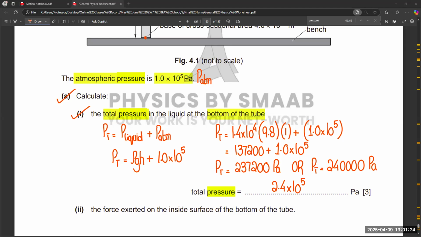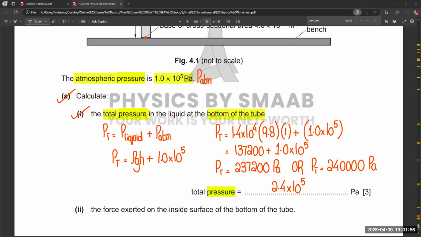So we have different ways to write down the answer. We can write in two significant figures like 240,000, and we can also write in scientific notation like 2.4 exponent 5. So it's up to you how you are going to write your answer. All answers are acceptable.